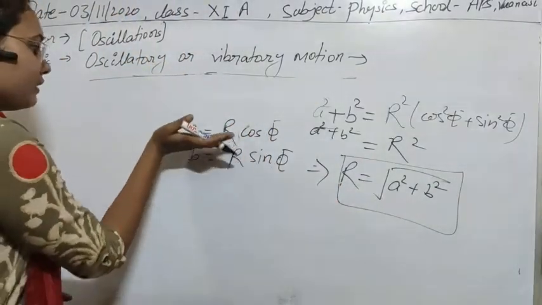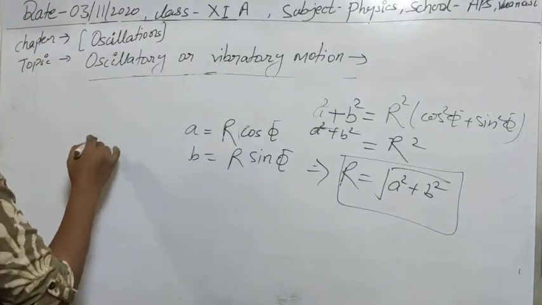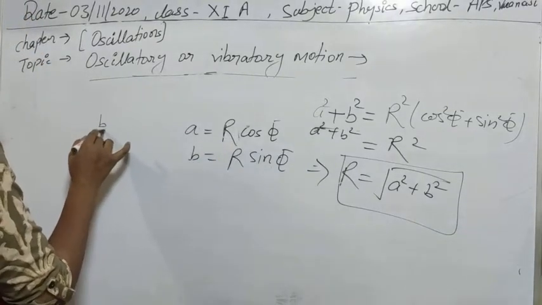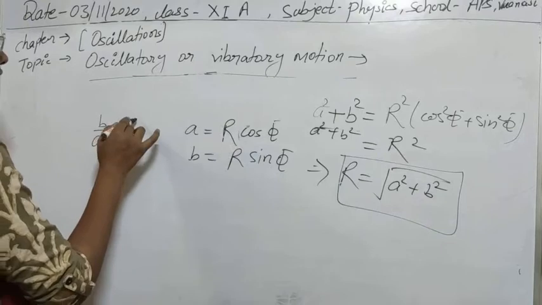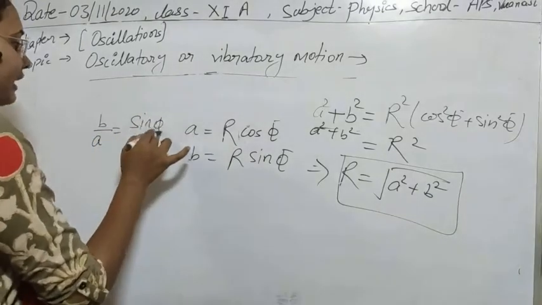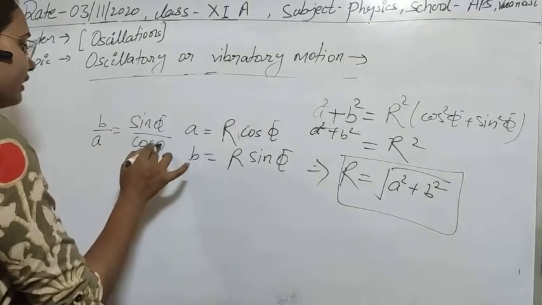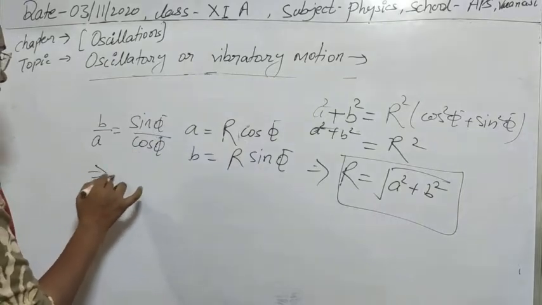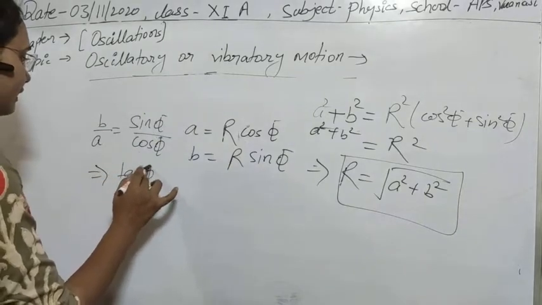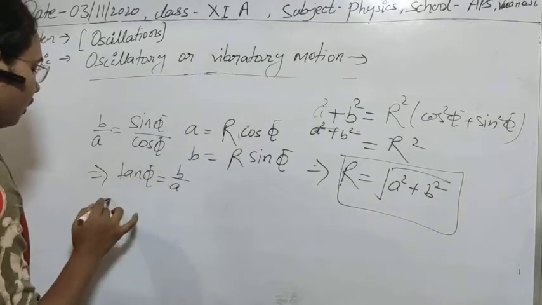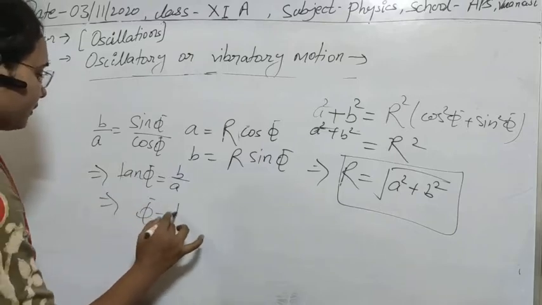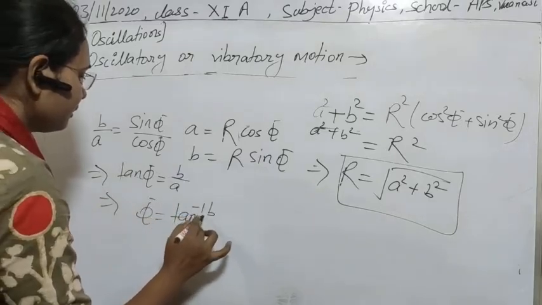So let's divide the first by the second. We can write here b by a is equal to, r will be cancelled out, sin phi by cos phi, and this is equal to tan phi. So tan phi is equal to b by a, or phi is equal to tan inverse of b by a.